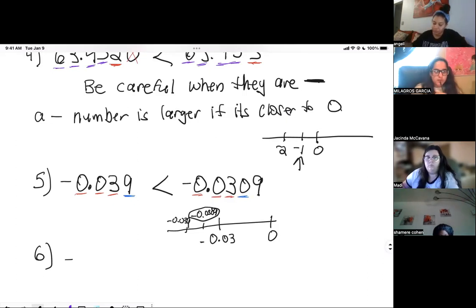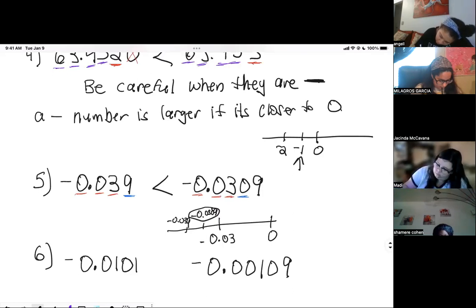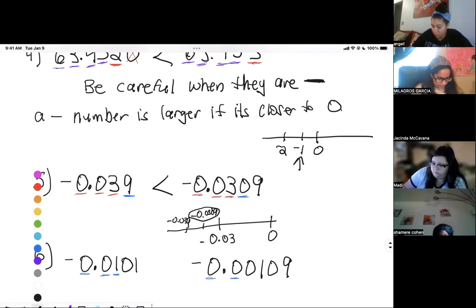Okay, so negative 0.0101 and negative 0.00109. Okay, they both have 0. They both have 0. This is my first change. This one has a 1. This one has a 0. Okay, think backwards.